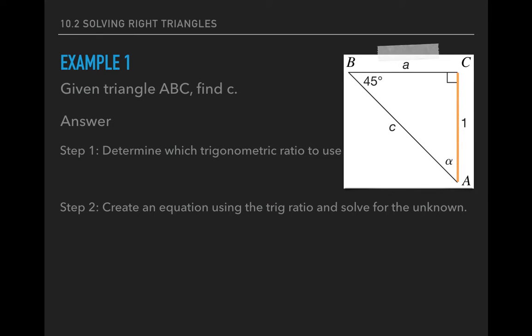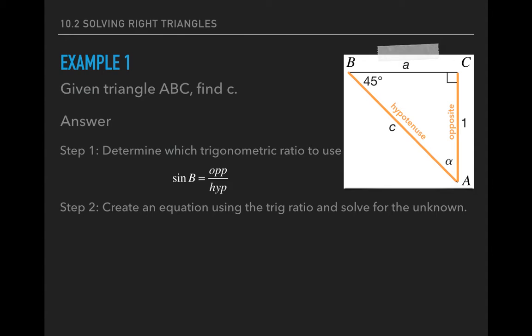Well, we know this side is opposite of our given angle, and this is the side we're looking for, and it is the hypotenuse. Which trig ratio includes opposite and hypotenuse? That is the sine ratio. Sine of B would be opposite over hypotenuse.